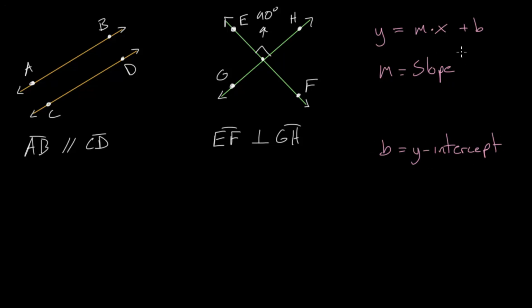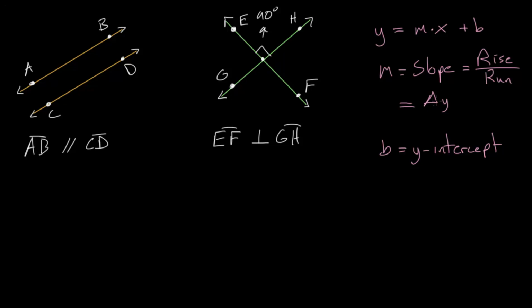And slope, we can define that in several different ways. And the simplest way is that slope is how much the line rises. So we can say the rise of the line divided by how much the line runs. So divided by the run of the line. So rise has to do with the y values. So another way to look at this is we're wondering how much the y values change.